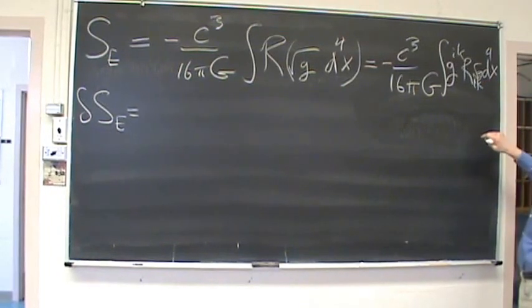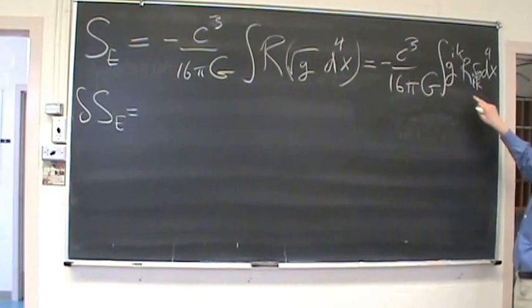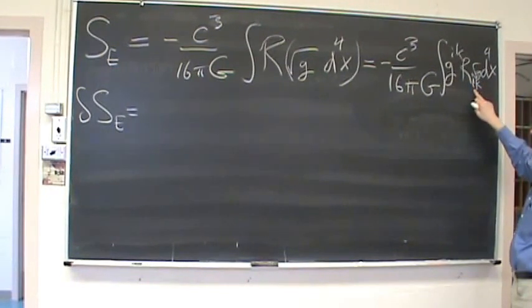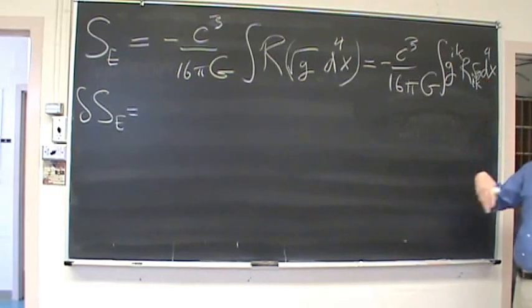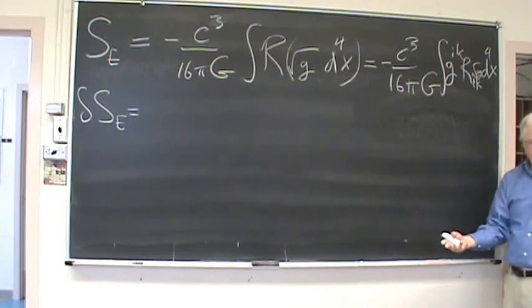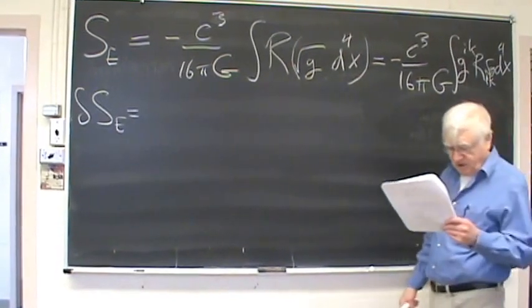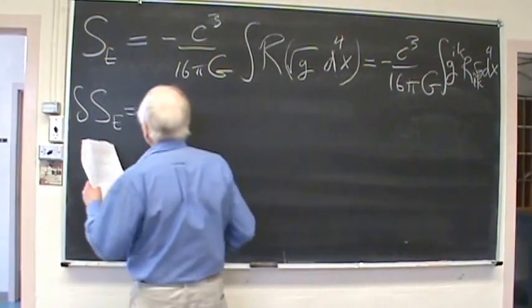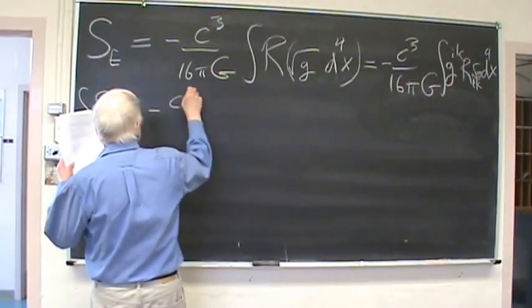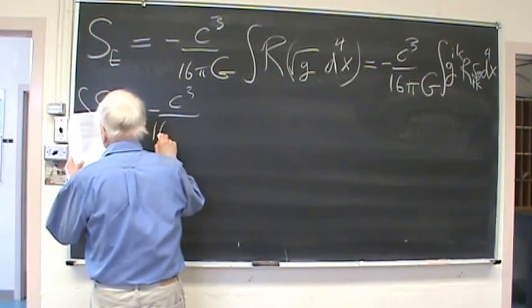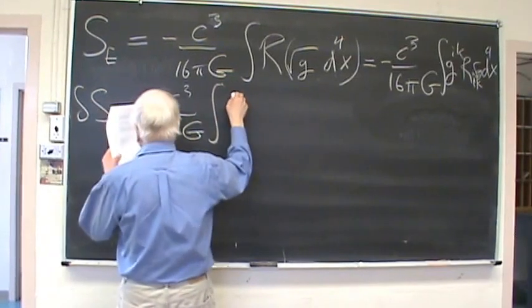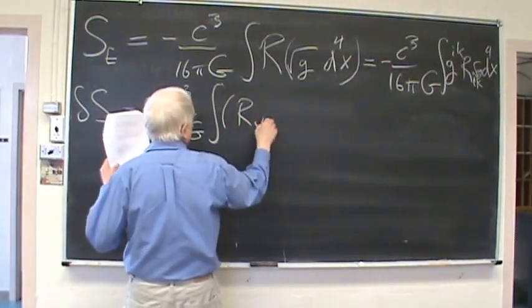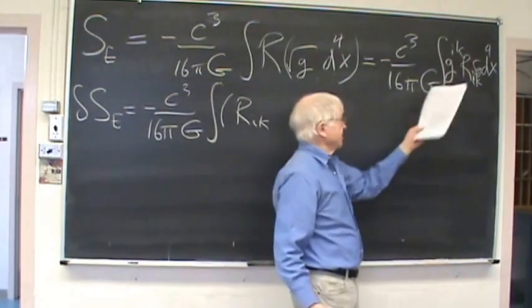But then you've got the problem of what happens to Rik if you vary Gik, and what happens to square root of g. There's a certain amount of arithmetic that I'm going to skip. It's exercise 1145. And what you find is that this is minus c cubed over 16 pi big G integral Rik just from that term.